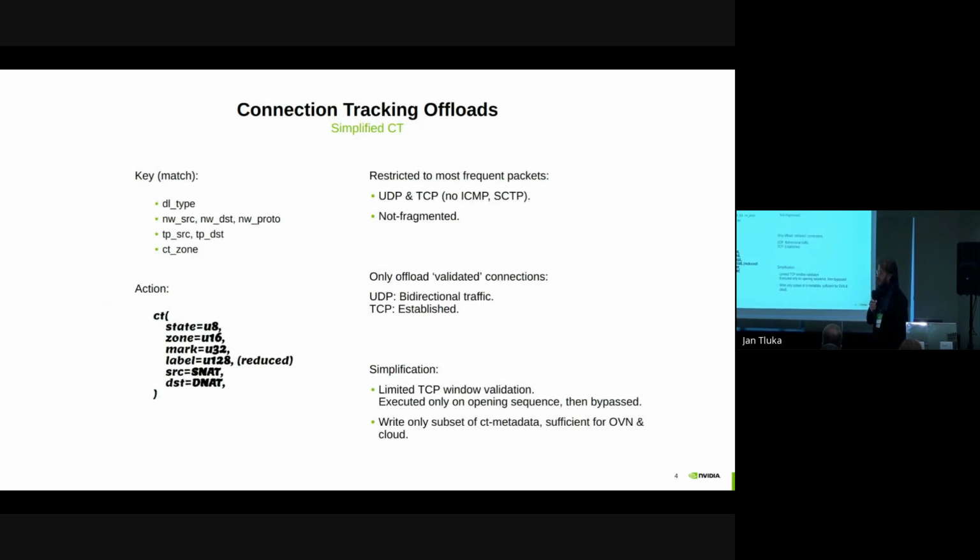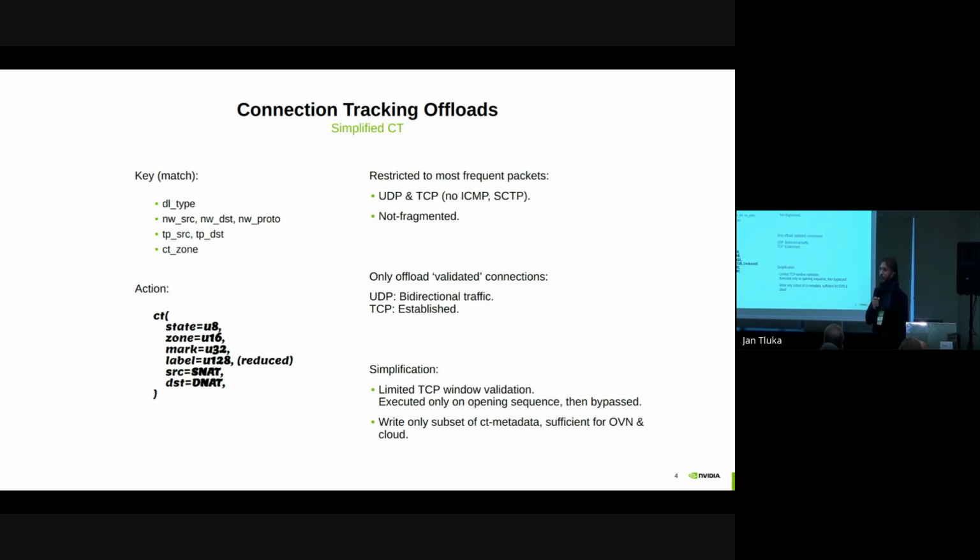So connection tracking in general, when we try to offload it, that means we build up a simplified representation of connection tracking. So we have to select where we want to simplify and what is the most relevant to execute in hardware.